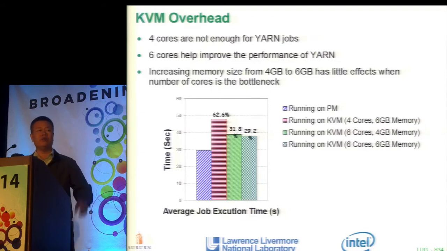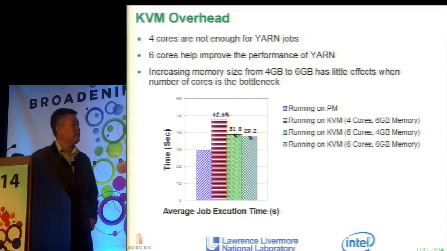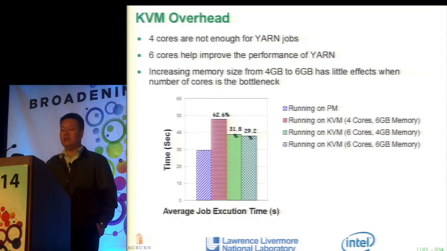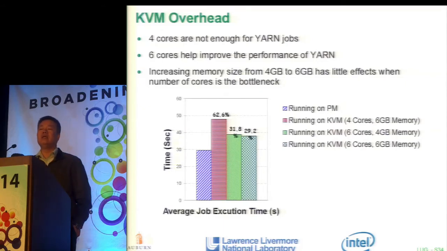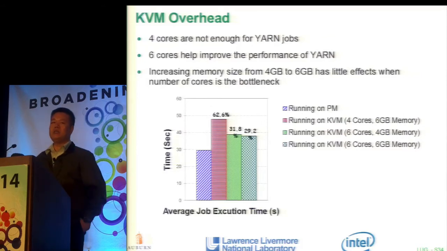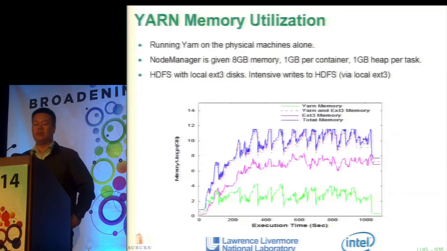Comparing the second bar to the third, when we increase the number of cores from 4 to 6, the performance overhead is no longer as huge. Earlier it was 62.6%, now it's reduced down to 31%. And between the last 2 bars, the increase in memory doesn't help as much.